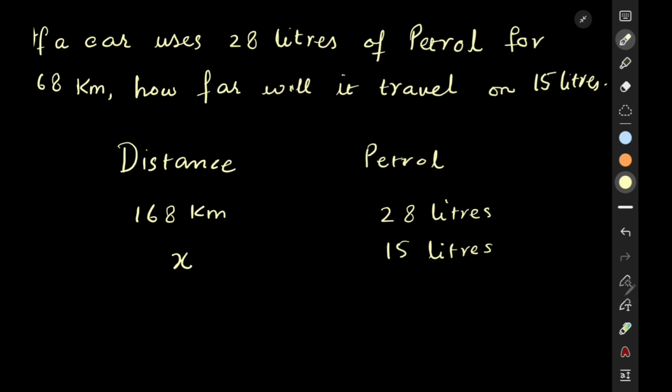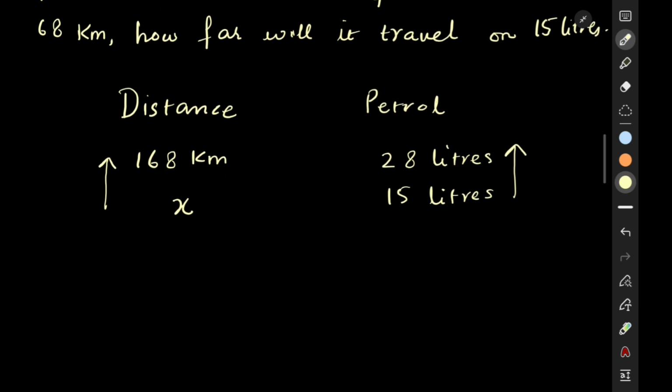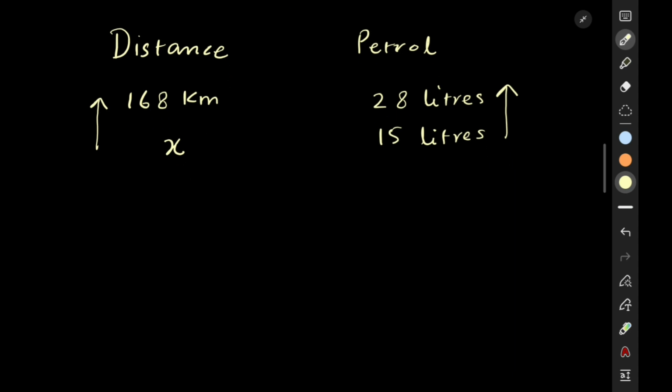So here the problem is related to direct proportion. One thing is increased, the other thing is also increased. So we write up arrows, both the arrows in the same direction. We can write down arrows also.